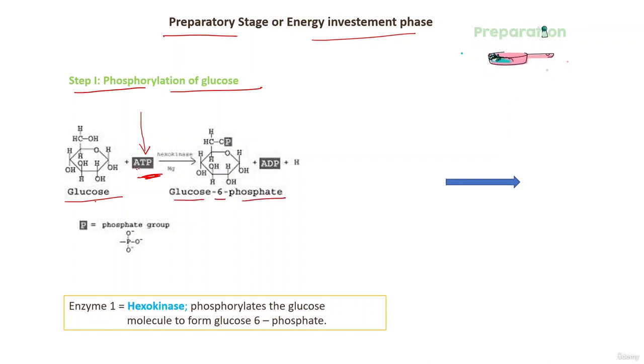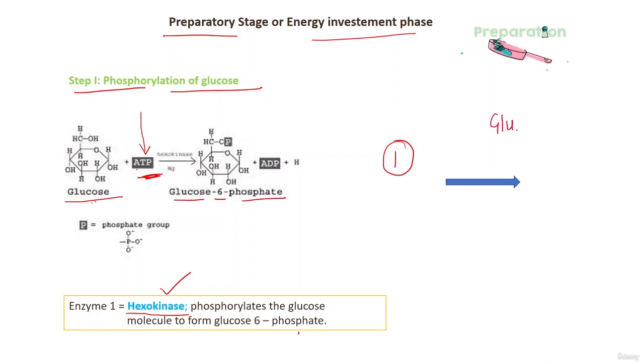This whole process has been possible because the enzyme hexokinase was present. So the hexokinase enzyme phosphorylates the glucose molecule to form glucose 6 phosphate.